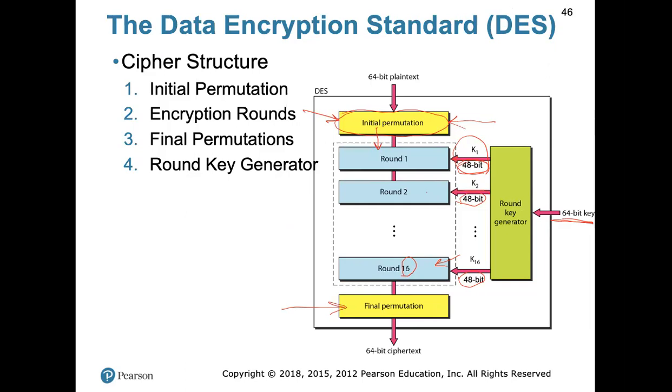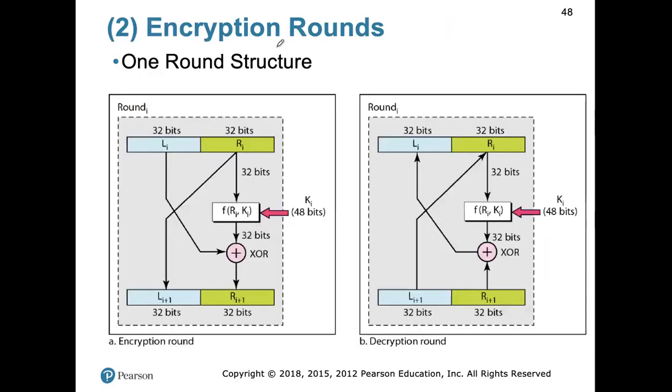And the rounds, each round works like this. See, this is a 64-bit of our data. If we assume that this is round 1, this is just the 64-bit data which comes out of the initial permutation. So the initial permutation is done, and we get something which is again 64-bit.